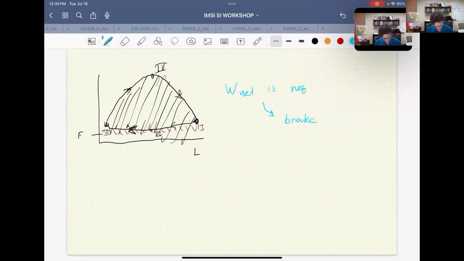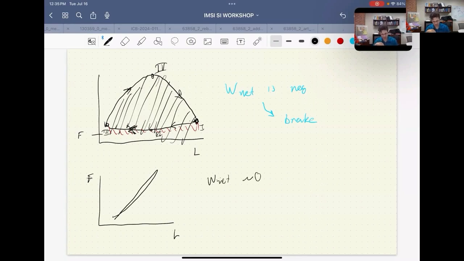You can have other kinds of work loops. You can have a force length curve that might look like this. Well, in this case, there's almost no area inside the curve. The amount of work done during shortening and lengthening is almost exactly equal to each other. So the net work here is about 0.